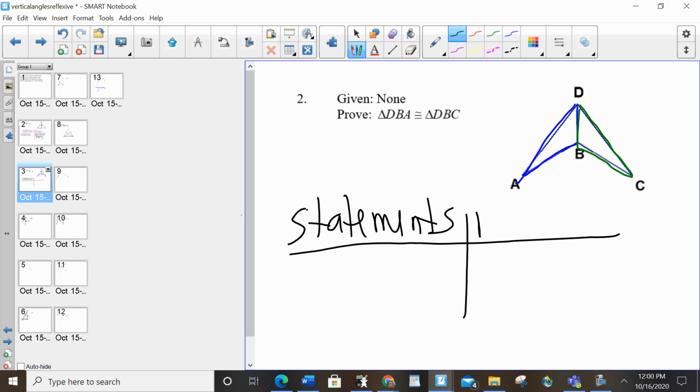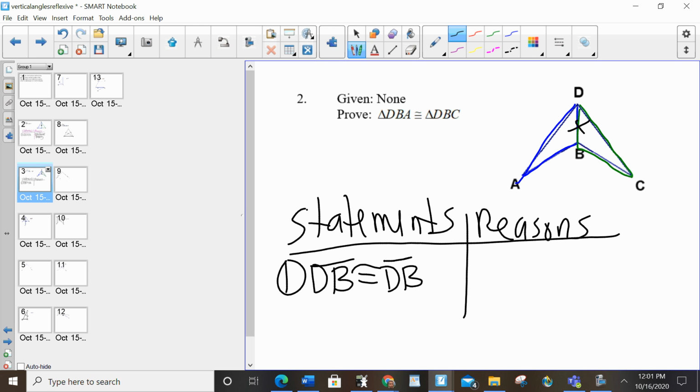So I want you to take a few seconds and I want you to try and find the side or angle that's in both triangles. DB is in both triangles. So my statement is DB is congruent to DB, and my reason is reflexive property.